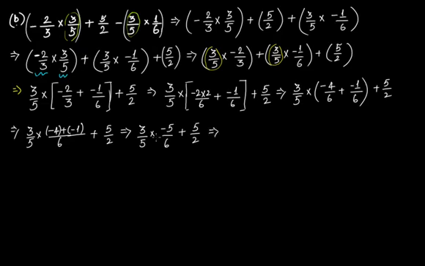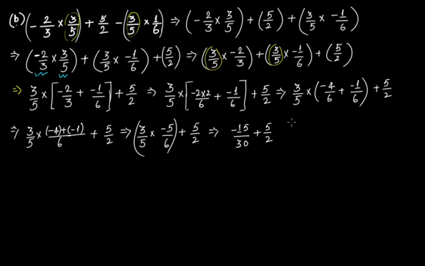Right, this means 5 over 2. Now if you solve this, you get 3 times minus 5, because this is multiplication actually. So 3 times minus 5 is minus 15. 5 times 6 is 30 plus 5 over 2. Addition of two rational numbers, denominators are different. Therefore take LCM of 30 and 2.